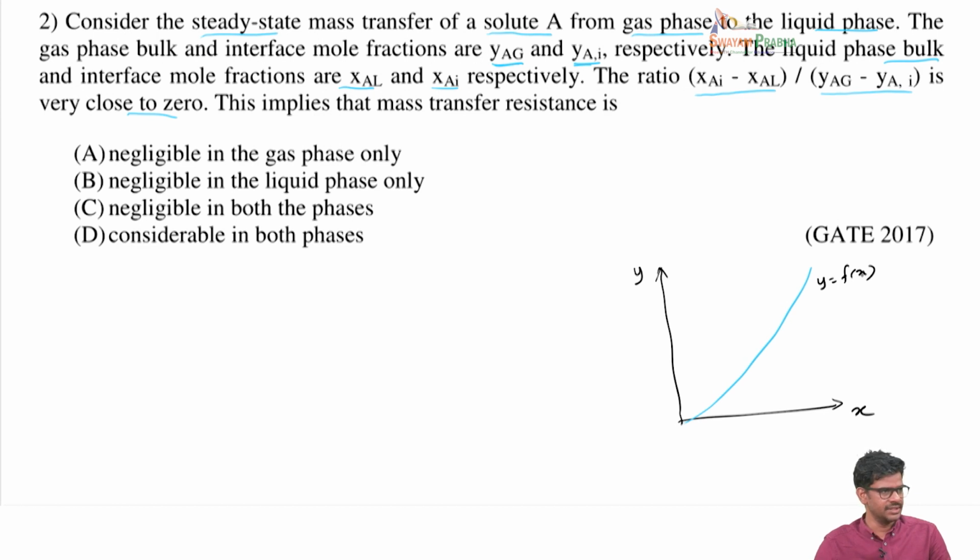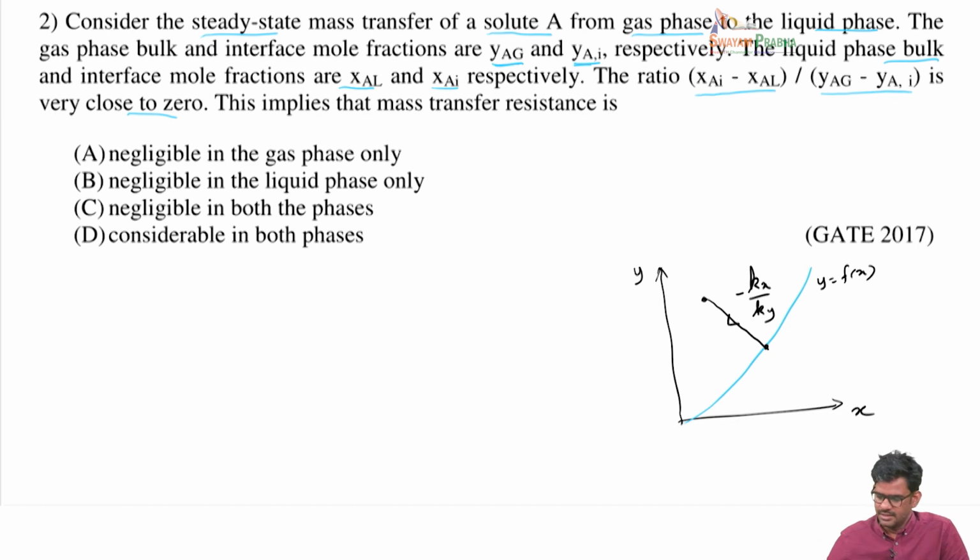It's an absorption, gas to liquid. So the initial bulk composition can be represented somewhere above the line, and then the interface concentration can be somewhere here. We already said what the slope of this line is, and that is governed by the mass transfer rates. The slope of this line is small kx by small ky.